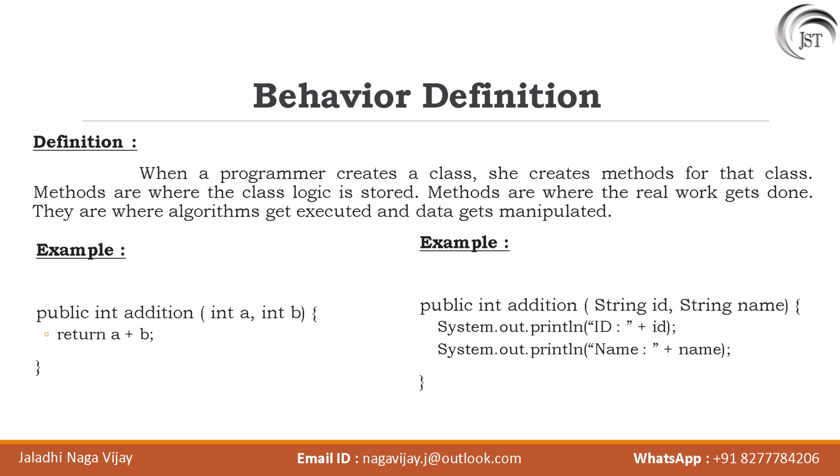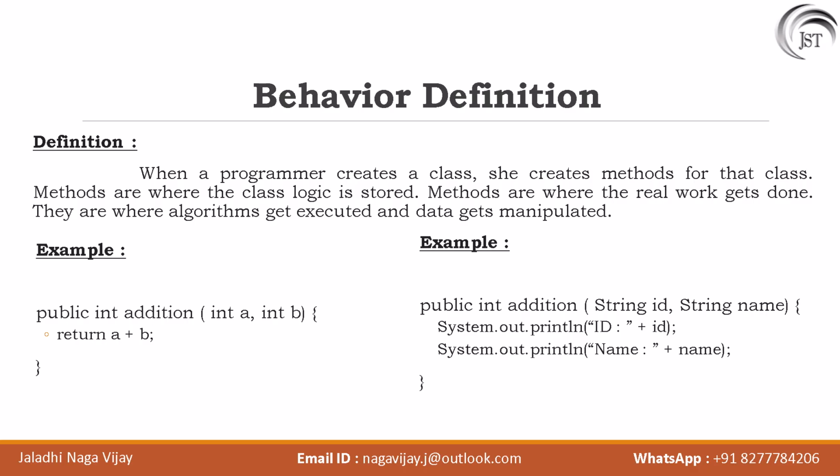I will explain one by one. Public is a modifier, that means an access modifier. If you don't know access modifiers, you can check my YouTube channel, where it is explained. Public is an access modifier or access specifier. Int is the return type, that means which type of value we need to return.